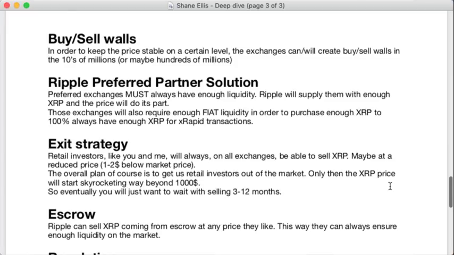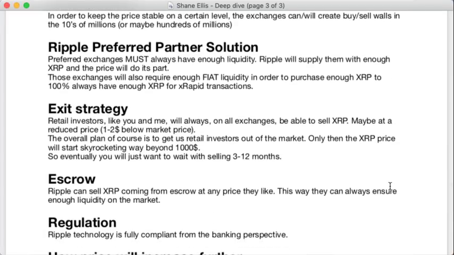A point I've touched already: the preferred XRapid exchanges must always guarantee to have enough liquidity to process all XRapid transactions.